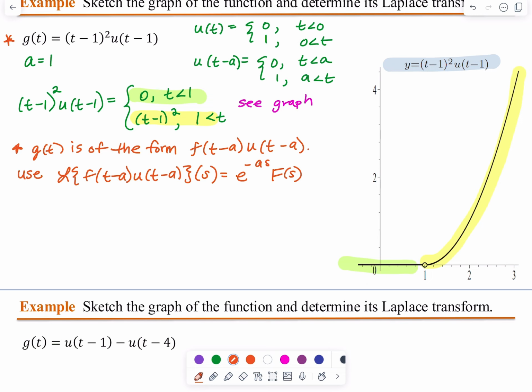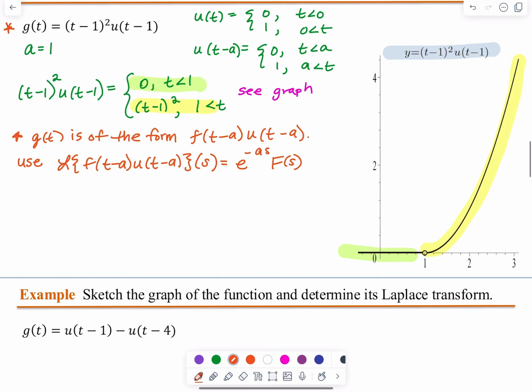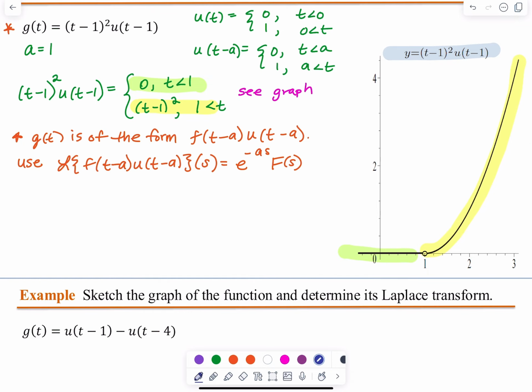So let's go ahead and do that. So we now have that the Laplace transform of t minus 1 squared multiplied by u of t minus 1, of s, is equal to e to the negative 1s.